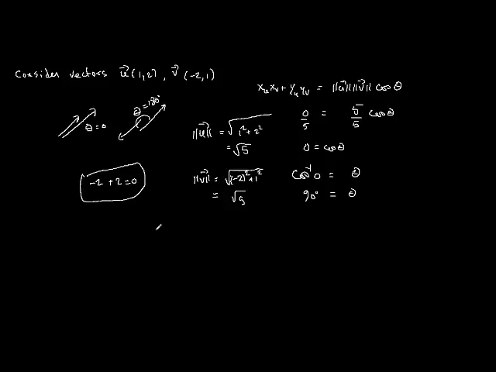So these two vectors, u and v, are perpendicular to each other. Not 0 degrees, not 180, that means they are not parallel, which implies they form a basis. They form a basis.